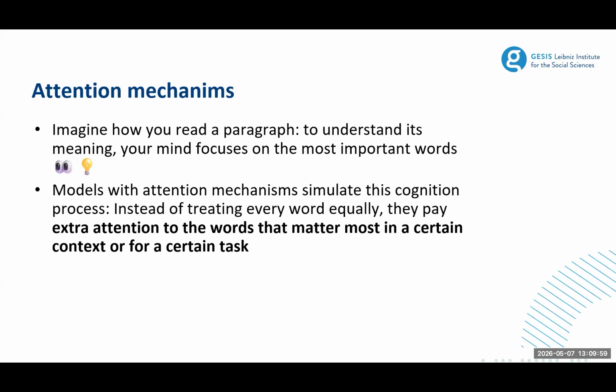Instead of treating every word equally, which was what the previous language models were doing, with the attention mechanisms these models can now pay attention to those words that matter most in a certain context or for a certain task.